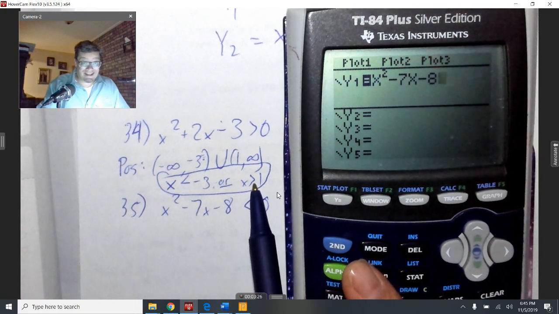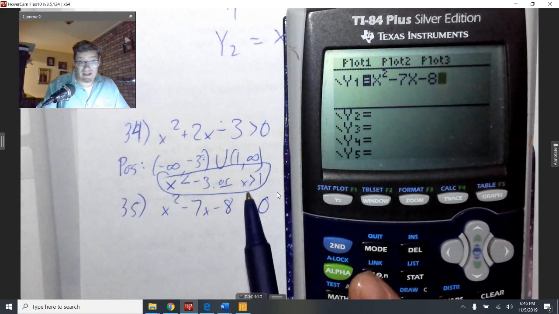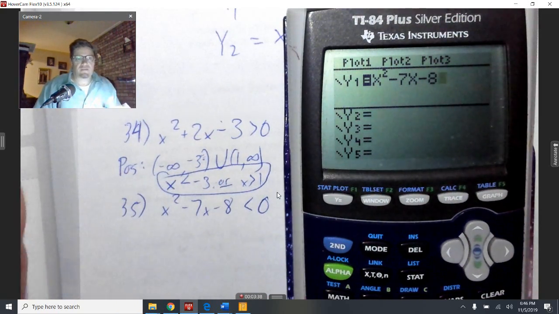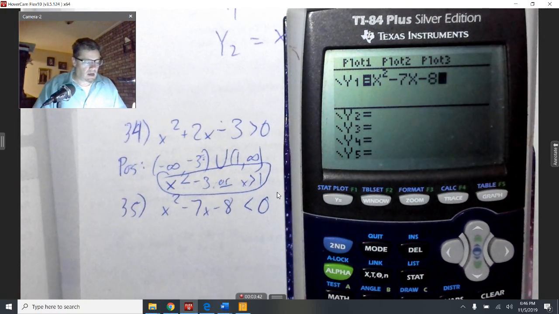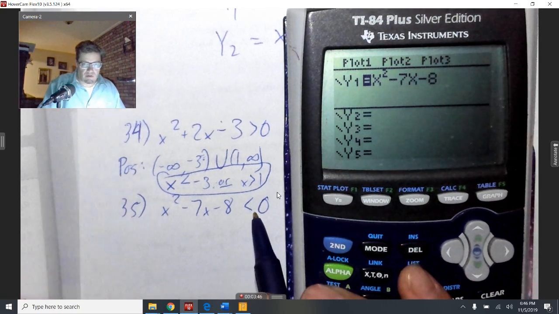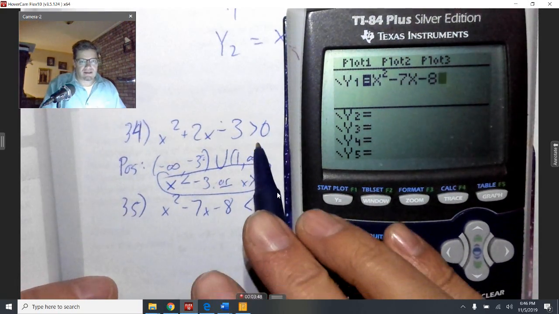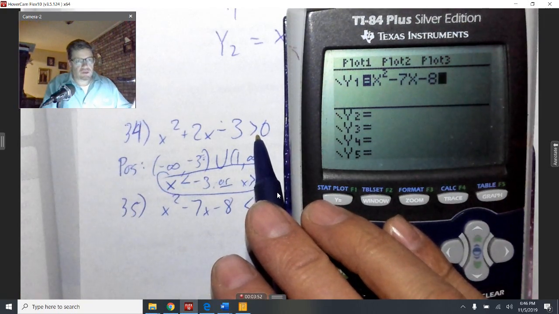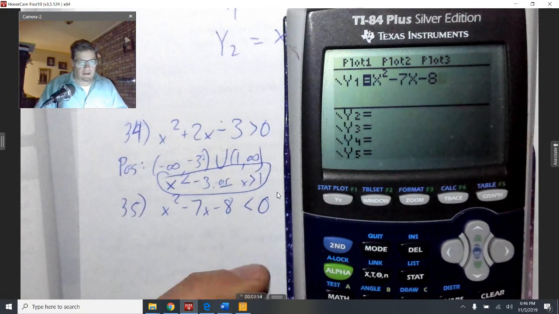This is pointing to the positive numbers, so it must be greater. If that escapes you, find something else. I don't know of any other mnemonic device, but you just have to know that because I can't help you with that on a test. So make sure you understand this is less than 0, therefore negative. This is greater than 0, therefore positive. That's crucial. You've got to know that.